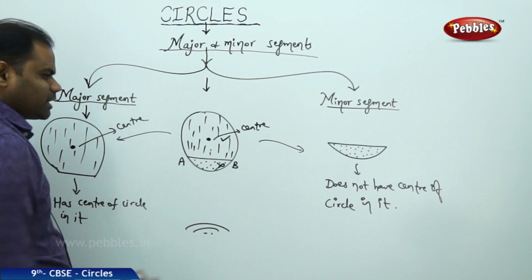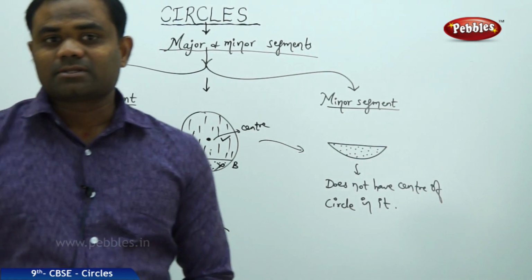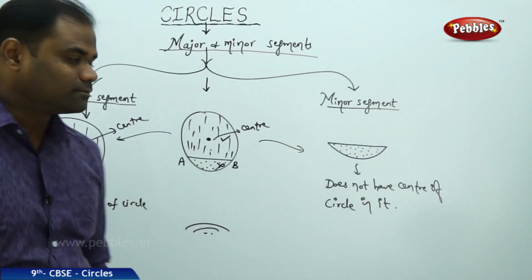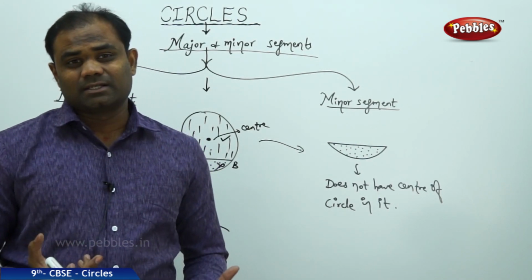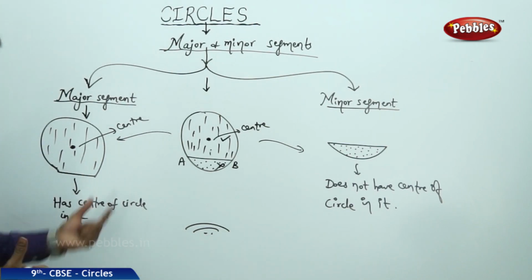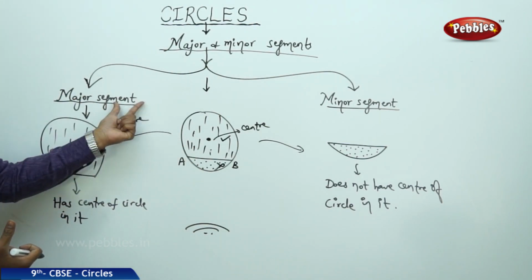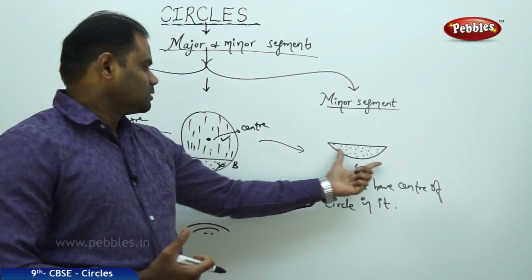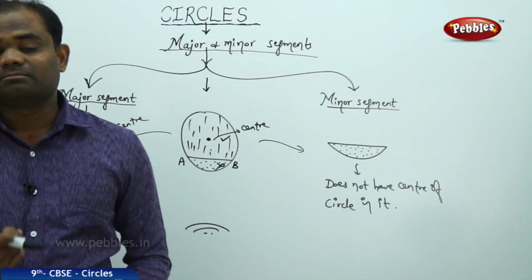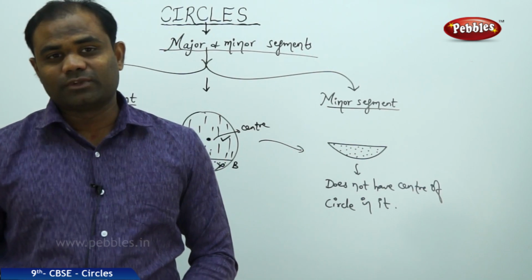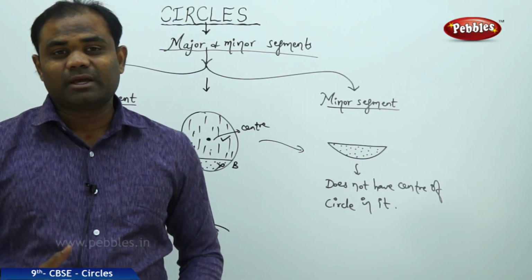This is how we understand the major segment and minor segment involved with the circle. The segment of the circle which has the center of the circle involved is called the major segment, and the segment which does not have the center involved is called the minor segment. This is how we define major and minor segments for the given circle.